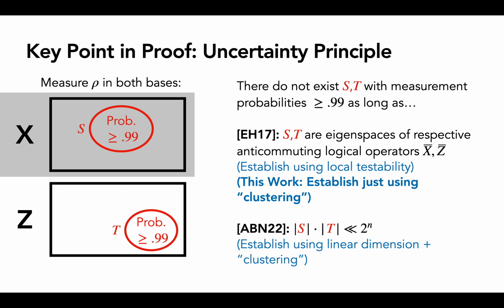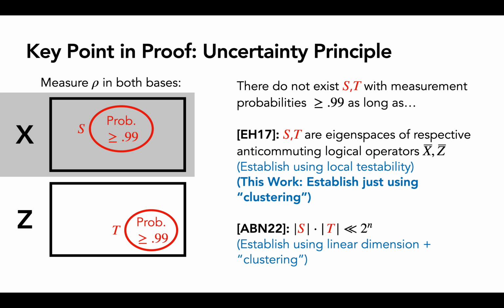And the key idea behind our work in getting this relaxation is that while the clustering property is weaker than local testability, it creates additional clusters, additional low energy states that do not correspond to any true code state, unlike locally testable codes.